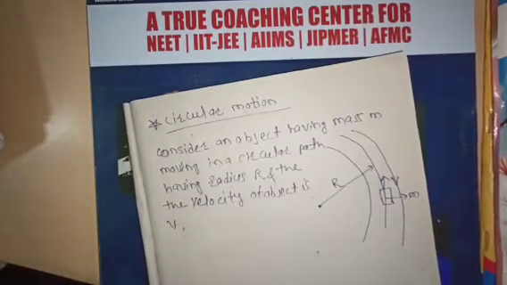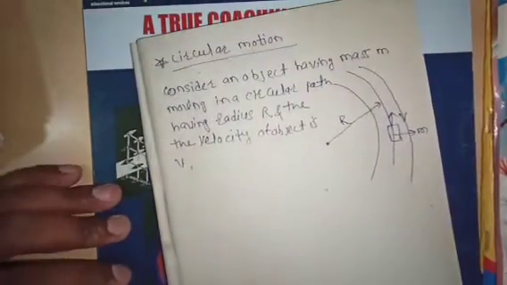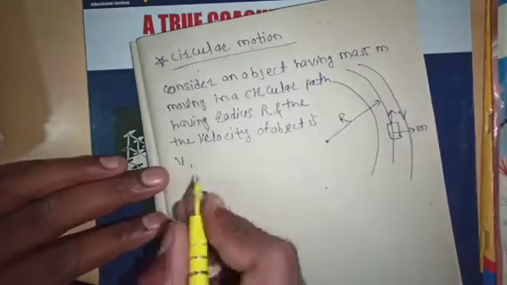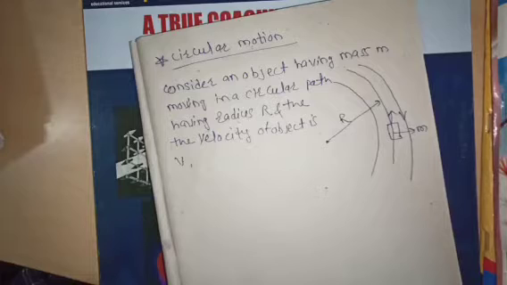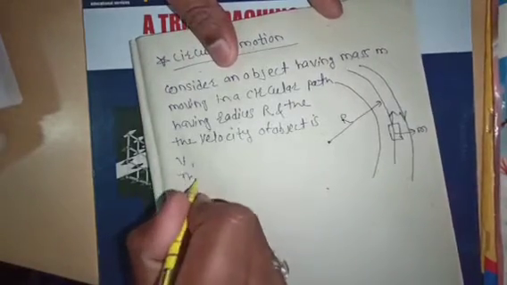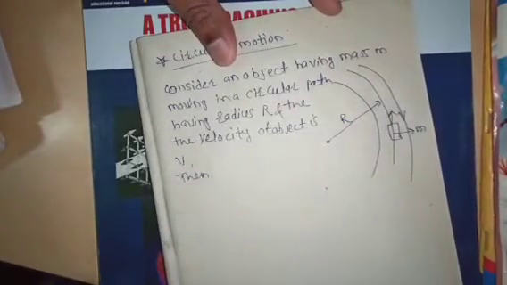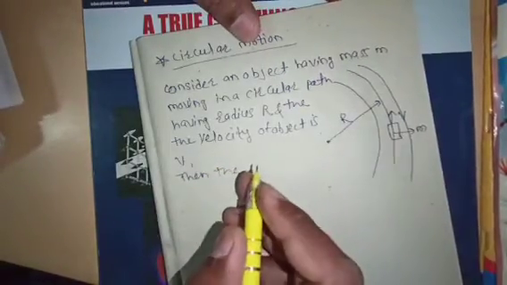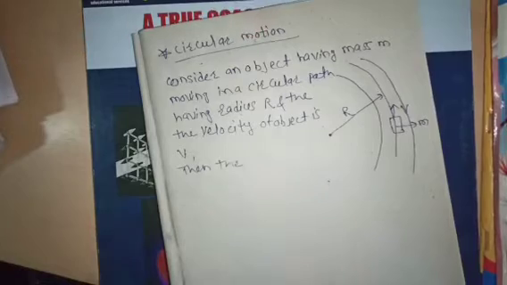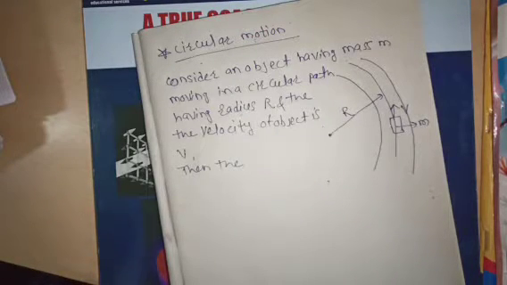In the previous chapter you have already studied that when an object moves in a circular path with constant speed, that is uniform circular motion. So what is the acceleration of the object in uniform circular motion?